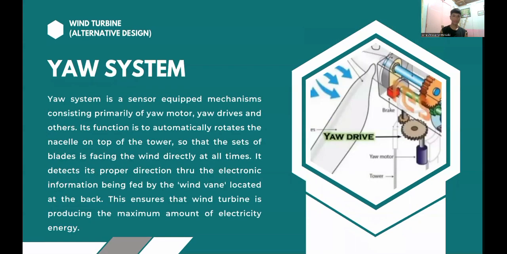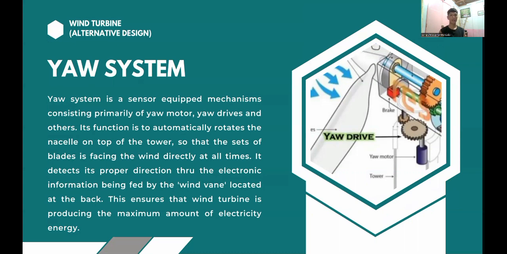Next is yaw system. Yaw system is a sensor-equipped mechanism consisting primarily of yaw motor, yaw drives, and others. Its function is to automatically rotate the nacelle on top of the tower so that the set of blades is facing the wind directly at all times.